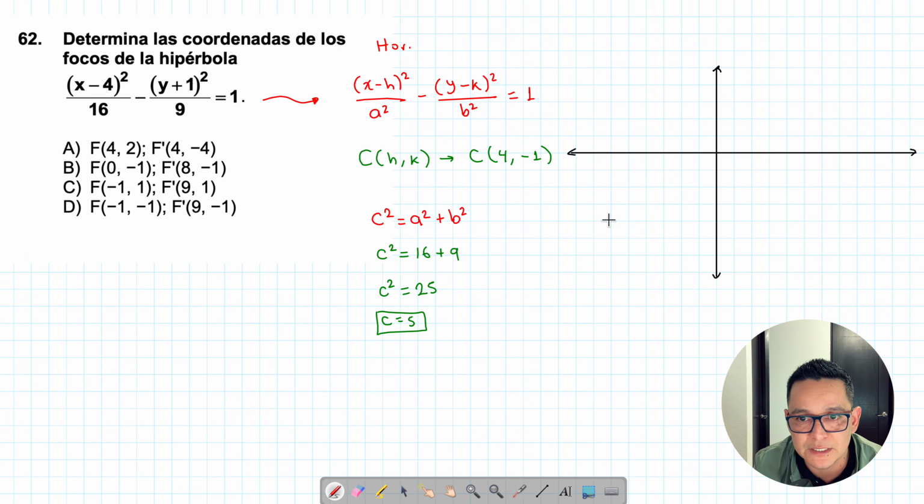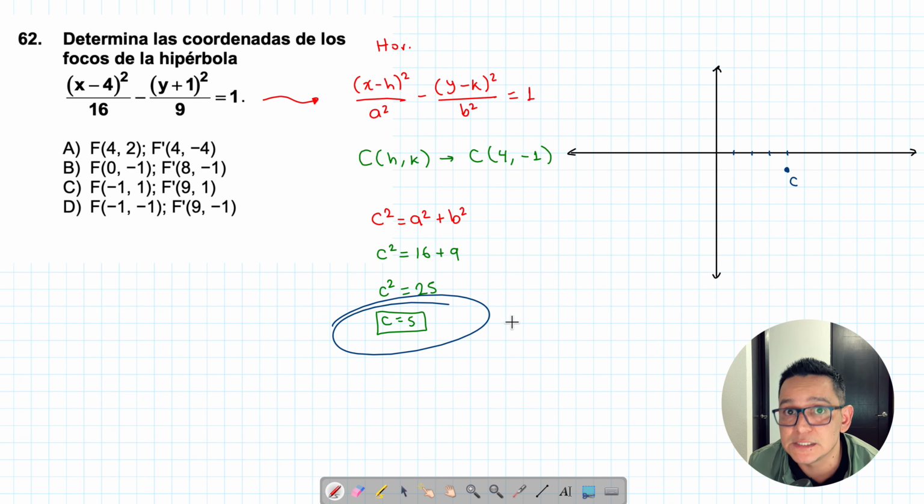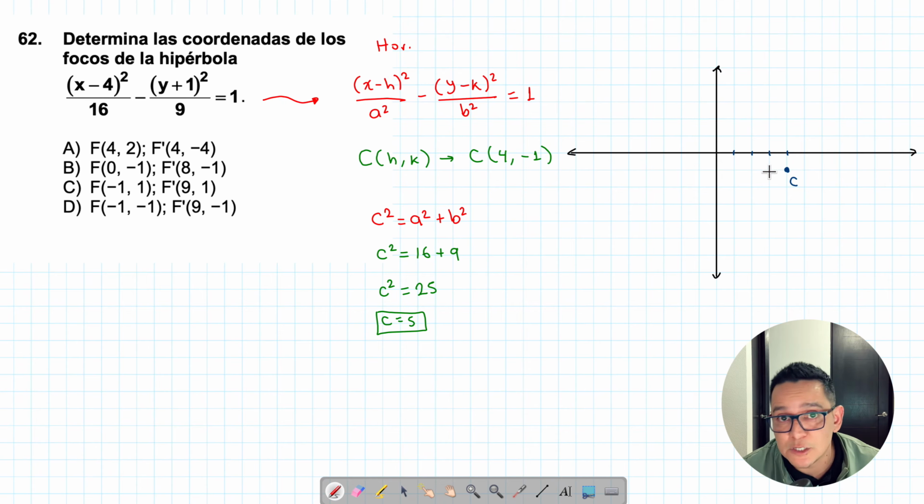I just want to represent the center and the foci. Okay, so let's see. Here we go. Let's put the center. It says it's at 4, minus 1: 1, 2, 3, 4, minus 1. Here we have the center. We already know c is 5, as I mentioned. C is the distance from the center to the foci. So move 5 to the left and 5 to the right, not up or down. Why?